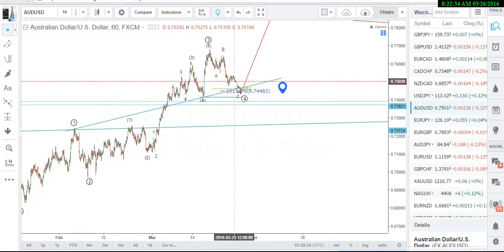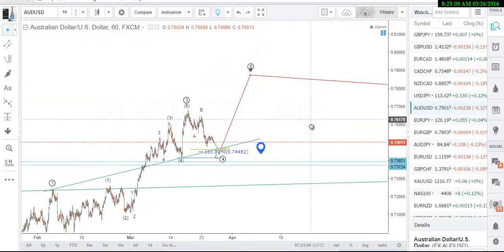Price could dip around here before we see a move up. Even time projections and retracements give us more assurance that price could reverse around here. So a dip down here, before we now see a move upside.